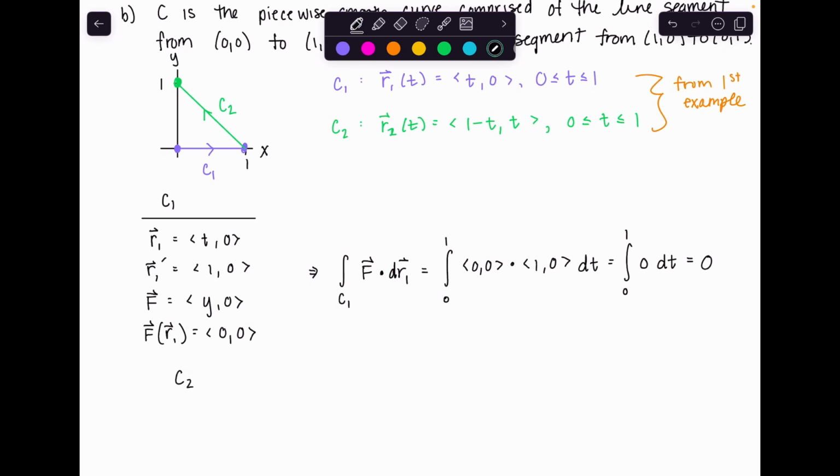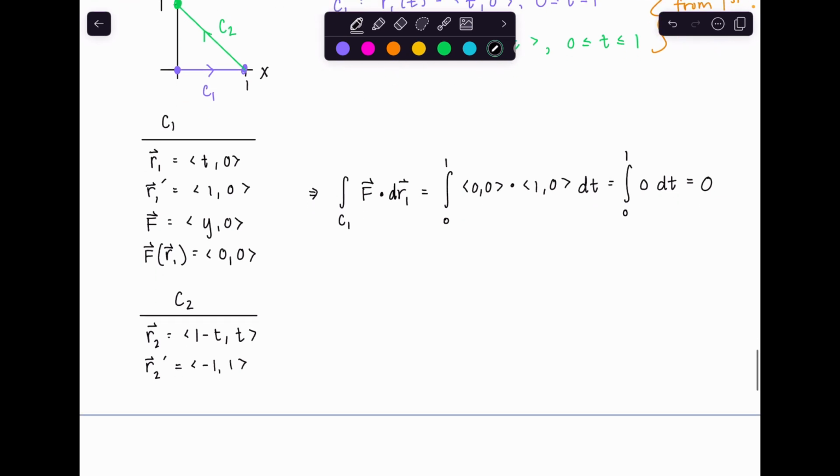Going along C2 instead, the vector function r2 is 1 minus t, t, and its derivative is negative 1, 1. We already have the vector field above, so I'm going to evaluate this on the curve. The y component is t, and the x component is always 0.